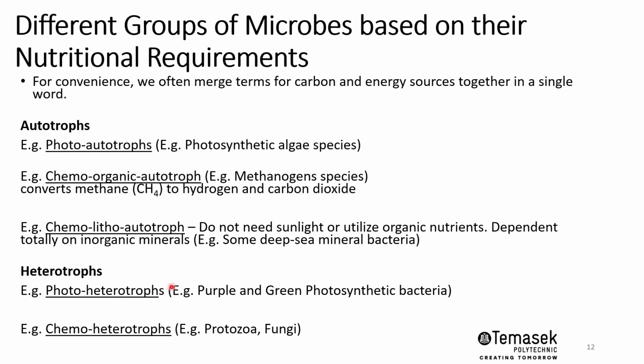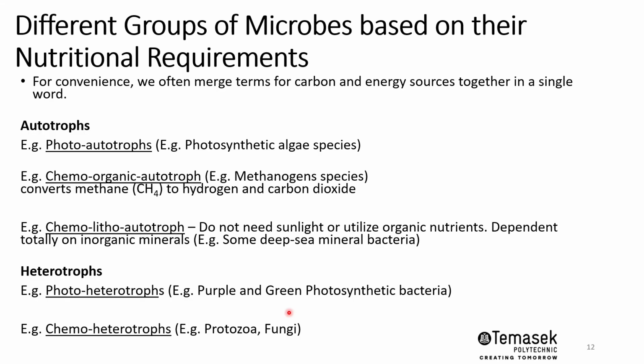For heterotrophs, we can classify them as photoheterotrophs. Again, these are utilizing sunlight as their energy source. Examples are the purple and the green photosynthetic bacteria. The carbon sources are still organic in nature.